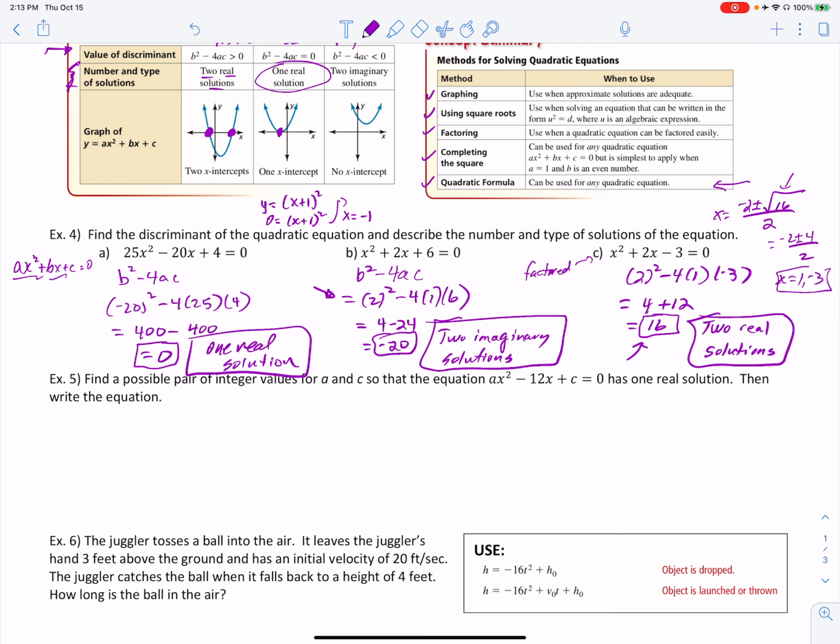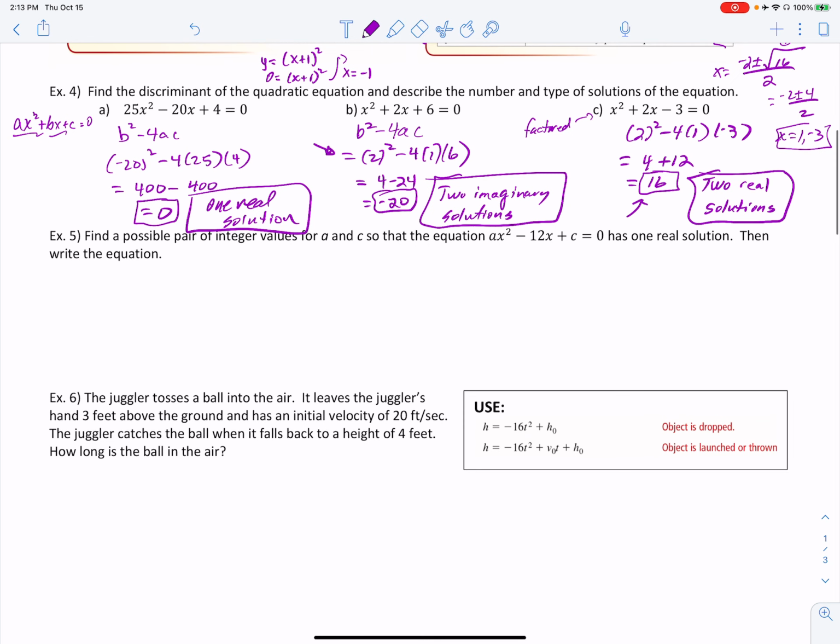All right, so number 5. Find a possible pair of integer values for a and c. So this has one real solution. Well, it's in quadratic form. How we started the lesson was the discriminant, and by the value of the discriminant, we know if there's one real solution, 2 real solutions, or 2 imaginary. So you should make that connection.